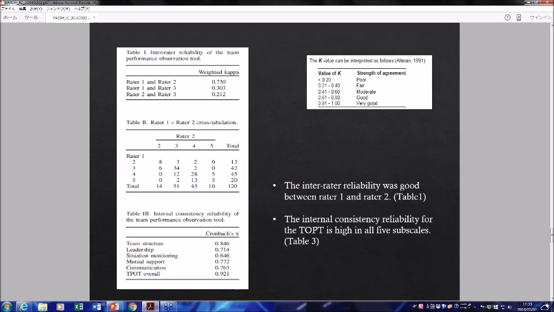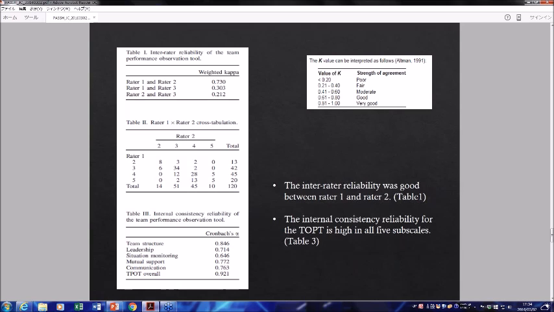So this is table 1 from the journal. You can see the inter-rater reliability between the raters. Between rater 1 and rater 2, you can see the weighted kappa was 0.73, which is good. Please refer to the upper right references if you need.